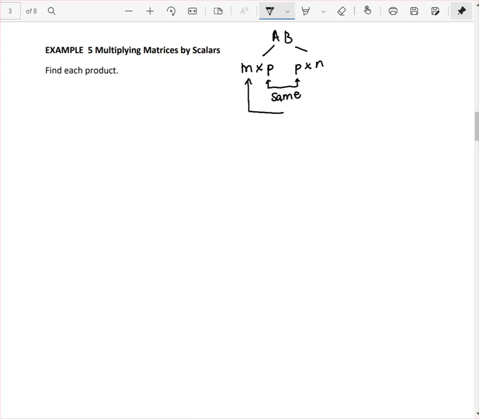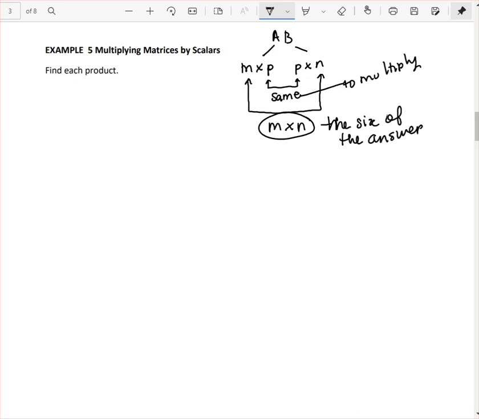And then if it is, the size of the answer is going to be like that. What I have here in the bottom, this is the size of the answer.